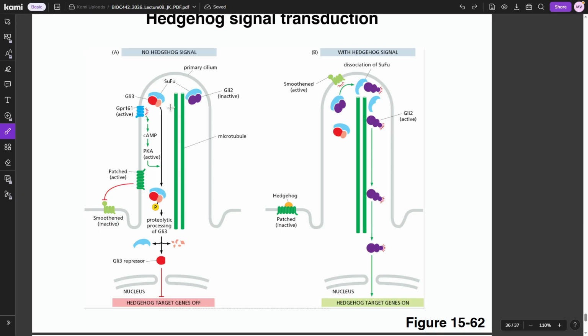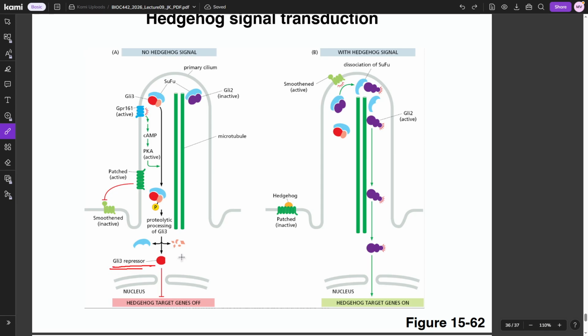And so what ends up happening is when patched is active, smoothened is inhibited. And so this GPR161 is able to phosphorylate this SUFU GLI3 complex. And then proteolysis cleaves this pink part of it, and all you're left with is this GLI repressor.